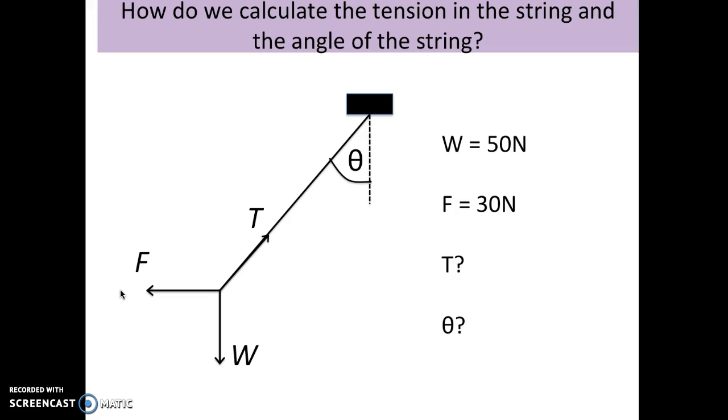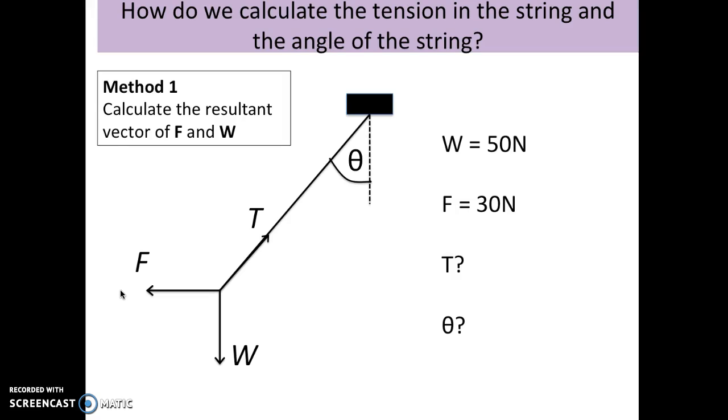I'm going to start with the simpler one, and that is to calculate the resultant vector for F and W and then balance the forces. So hopefully you will remember from this week's lessons that in order to calculate the resultant vector using scale diagrams or simple trigonometry, I take the vector F, I line it up nicely with the vector W, and then draw a resultant force.